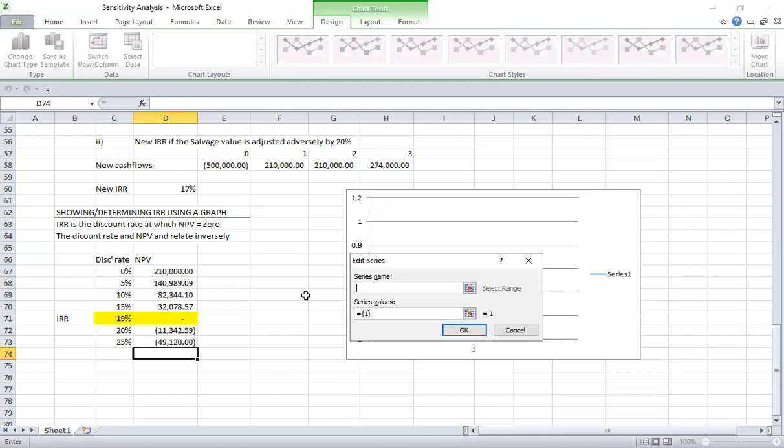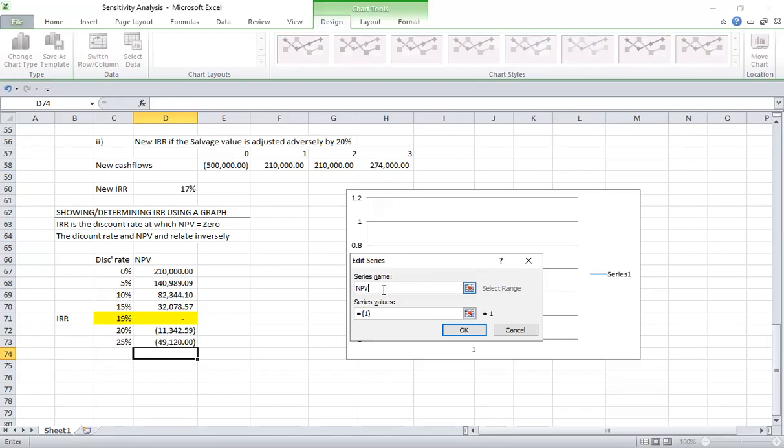When you click on add, you are taken to another smaller window where you have edit series. Below that, you are told that first we need the series name. The series name here is NPV, because we are plotting NPV; at the IRR, we know that NPV is 0.